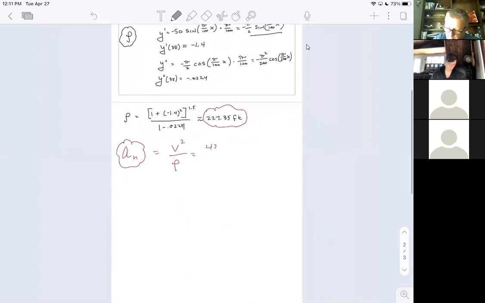Don't forget to square it. Close enough, divided by 227.35. Bam, I got 7.844. So let's see, what would that unit be? Well, logically, it would be feet per second per second. So there's another number I might need, I might not. That's kind of cool.